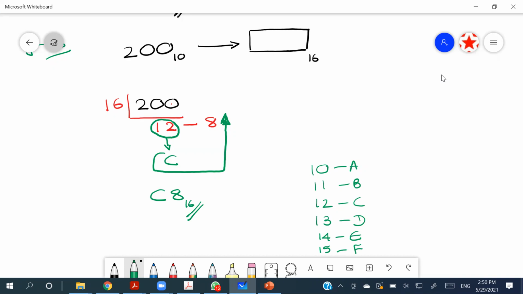So we are not representing 10, 11, 12, 13, 14, and 15 in hexadecimal. Instead of that, we put A, B, C, D, E, F accordingly. Clear, Ravindu?